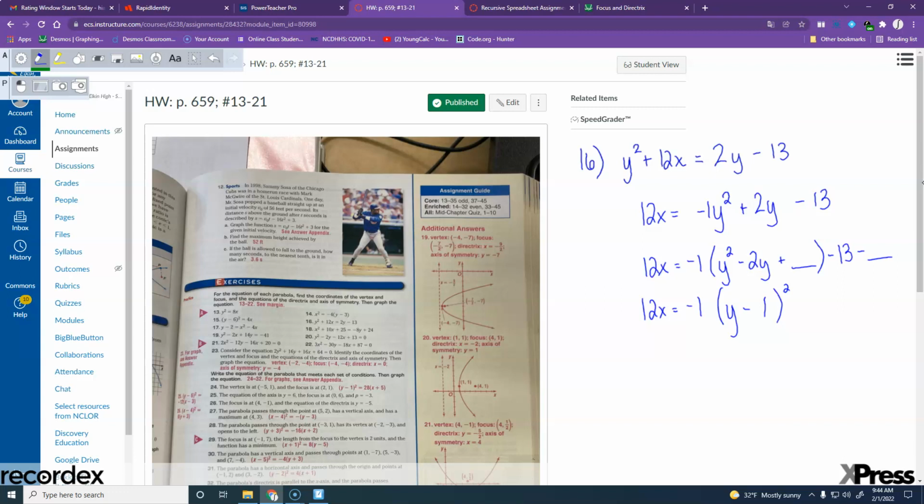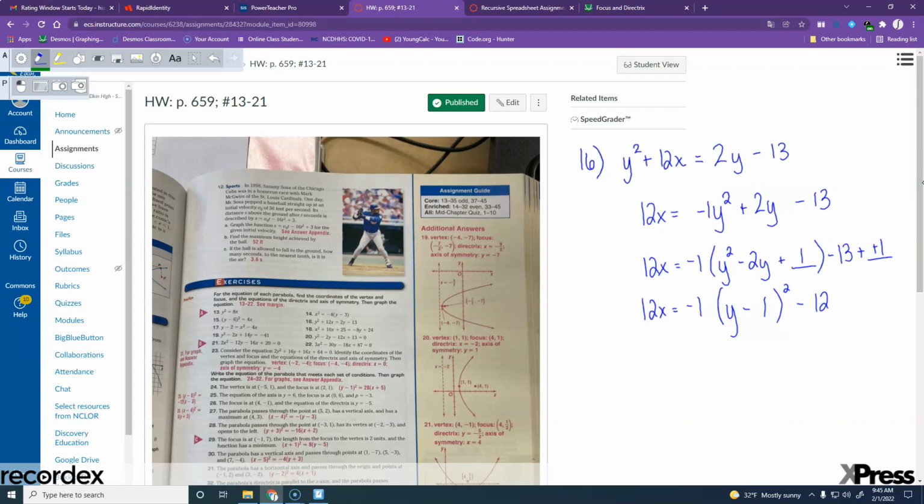Very good. And then what number goes in the blank on the line before? Positive 1. What number do I have to subtract over here? It's going to be a negative 1. What happens is, we do 1 times this negative 1 that's been factored out. So we got minus a negative 1, so it'll be like we're just adding that 1. So we get minus 12 right here. So we put this in almost standard form.